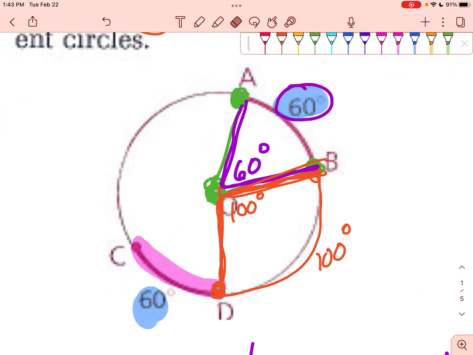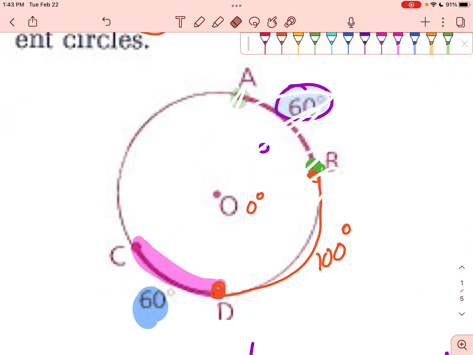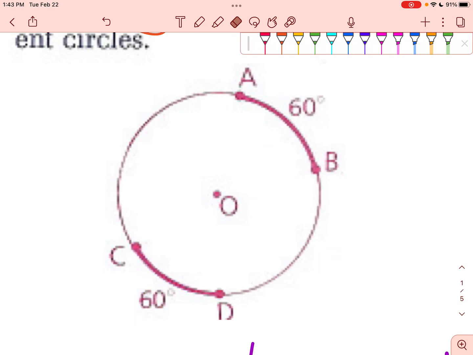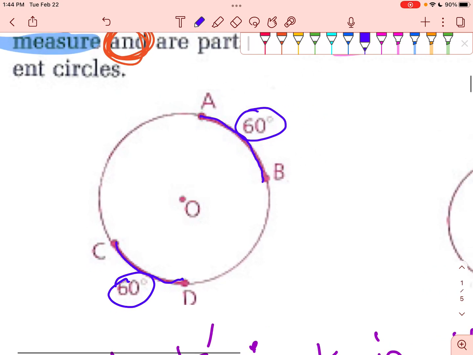Again, taking a look at this one, I can start fresh here. Because this is coming from the same circle, these have the same measure, but I know they are congruent because they're coming from the same piece of pizza, essentially. They're coming from the same circle.